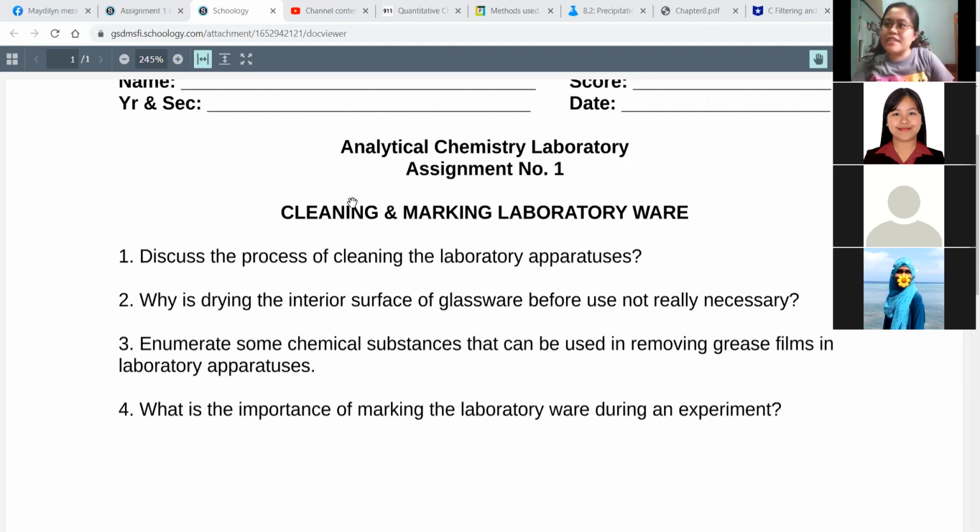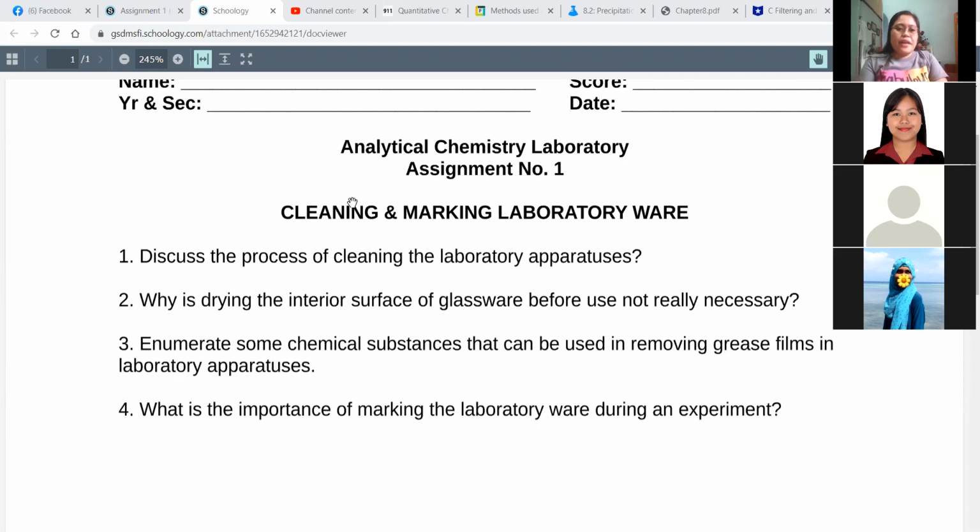When you say interferences, it's any substance that can cause error in the analysis. So in QC, since we are talking about quality, we have to make sure that the glasswares are thoroughly cleaned and there are no interferences or contaminants, even in the glasswares. Okay, that's the correct answer for number 1.